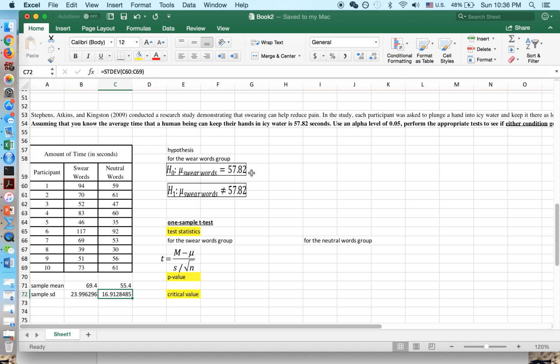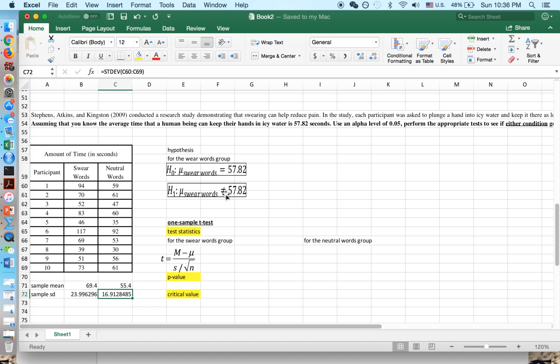If it's longer, we're doing a one-tail test, which is on the right-hand side. And if it's less, we're also doing a one-tail test, and the tail is going to be on your left. And I wish you can figure out why by yourself, because you should know when we should do a one-tail test and when we should do a two-tail test, right?